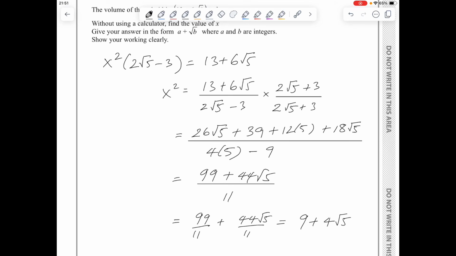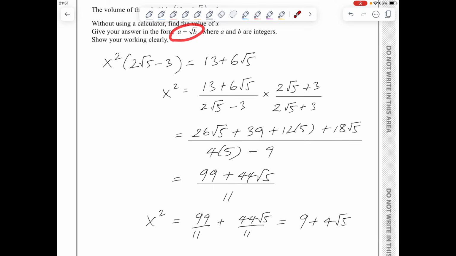Now this number that I found is not my x, it is actually my x squared, so I have to take the square root, but because we don't know how to take the square root of this, I will use the fact that my answer is in this form.